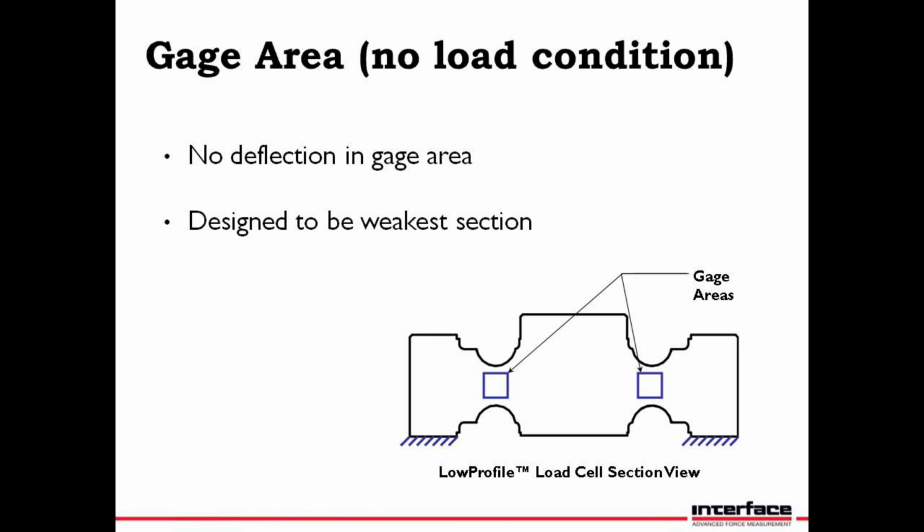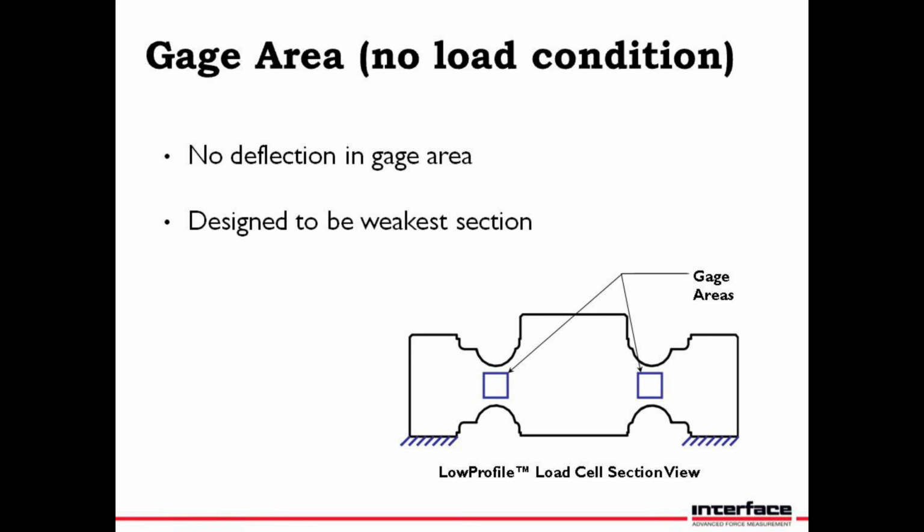Now let's talk about how the flexure element causes that resistance to change across the gauge. In this image, we have the cross-sectional view of a low-profile sensor, and highlighted in blue are the sections where the strain gauges are bonded.